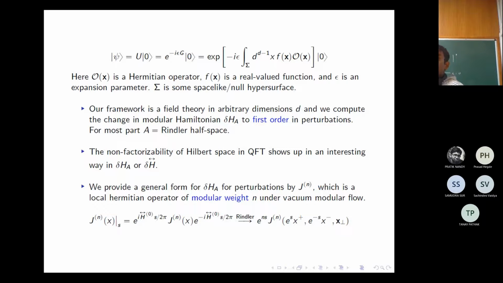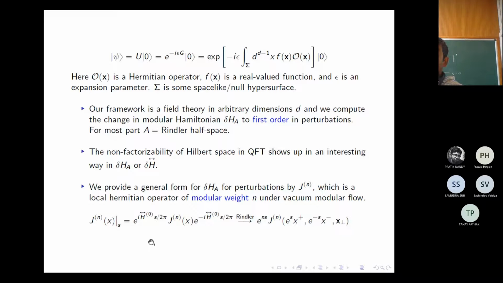We'll provide a general form of delta HA for perturbations by Jn. This O operator here could be any operator J. In this case, we will mostly be dealing with primaries with what we call a modular weight n. What is modular weight n?